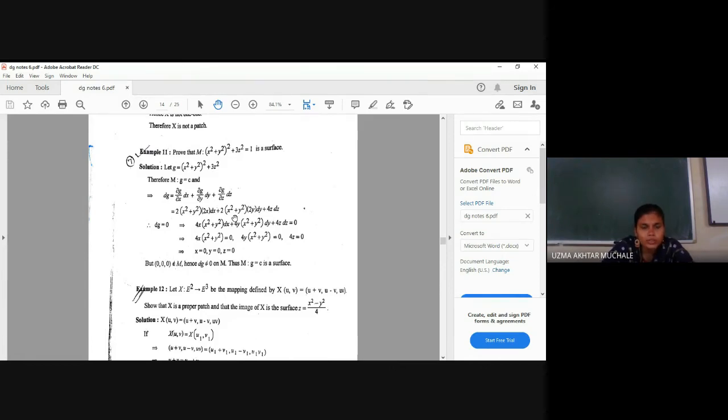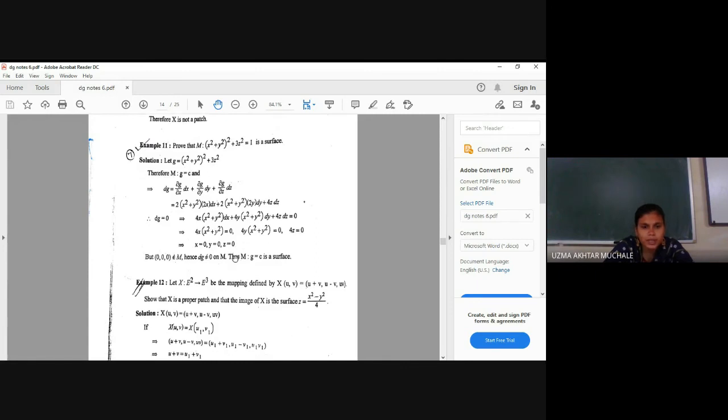But this origin is not on the surface M, because if you put x is 0, y is 0, z is 0, you are not getting the correct equation. 0 is equal to 1 is not correct. So hence we can say dg is not equal to 0 on the surface M, and hence we can say the given geometric object is a surface. Okay.